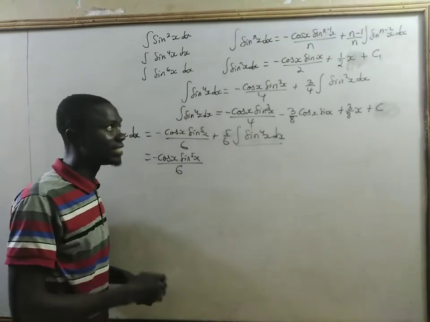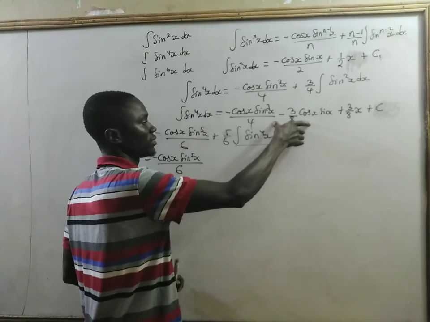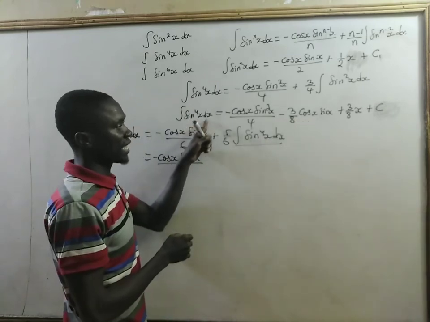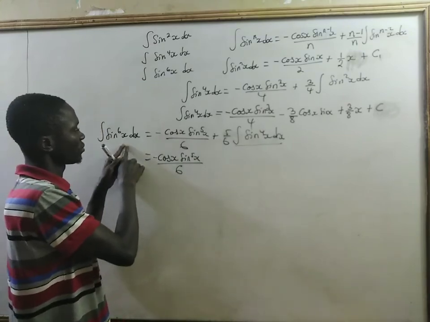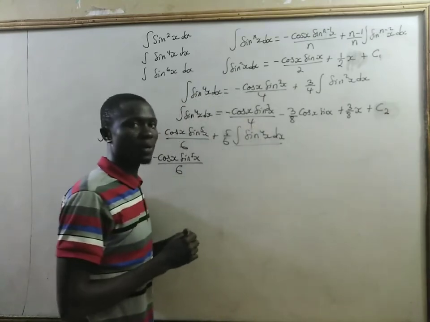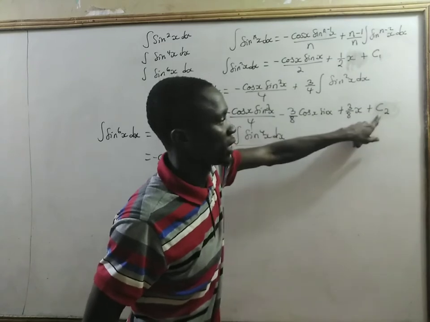Now again, since we are using the integral of sine to the power 4 of x dx to solve the integral of sine to the power 6 of x, let's make this one c2. Why am I making it c2? I've made that one c1, so let's make this one c2.